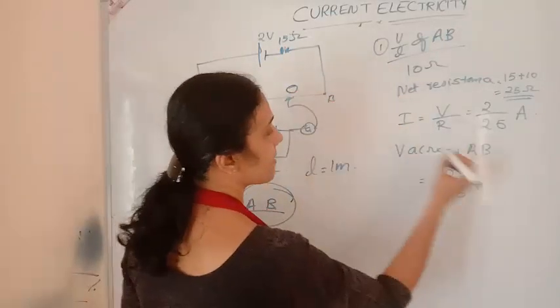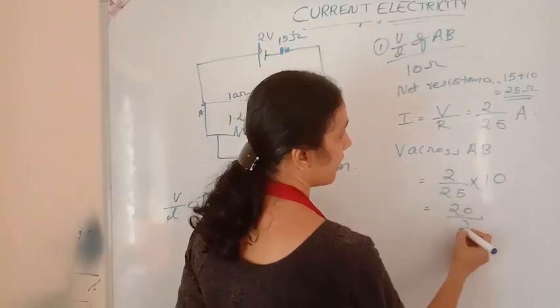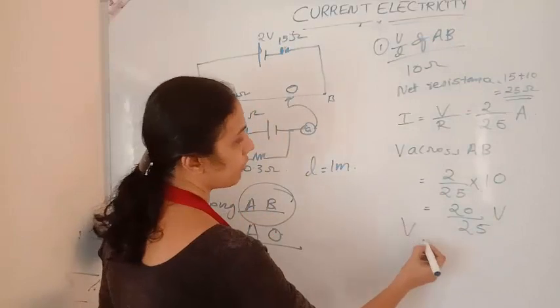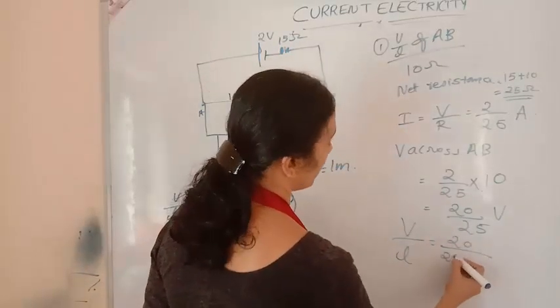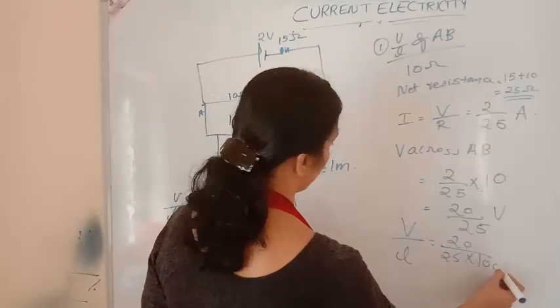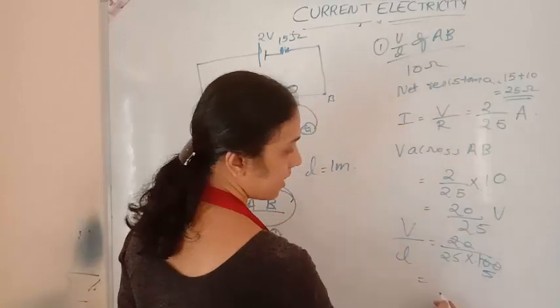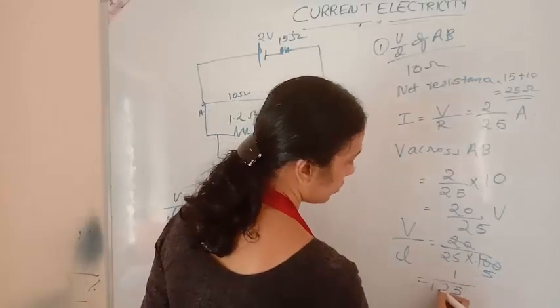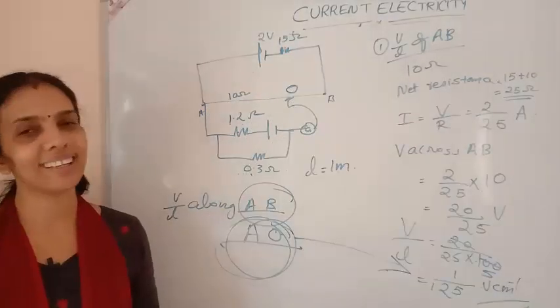How much is the resistance of this wire? 10. So 20 divided by 25 volt. Now we can find out V by L. V by L equals 20 divided by 25 into 100 centimeter, right? So we will be getting it as 1 by 125 volt per centimeter. Okay, clear?